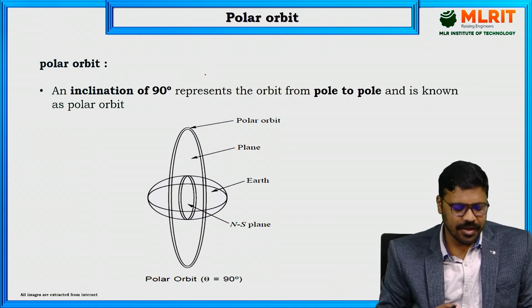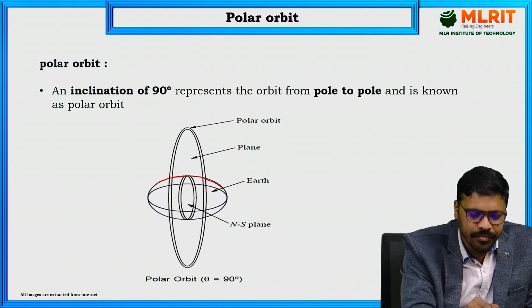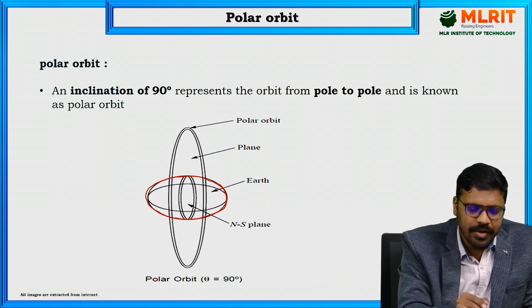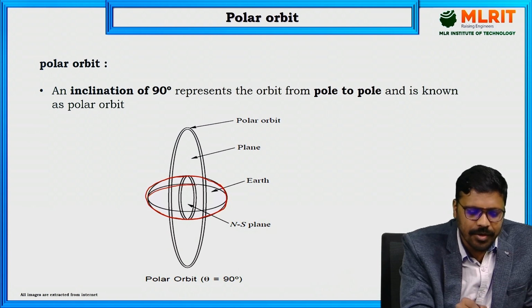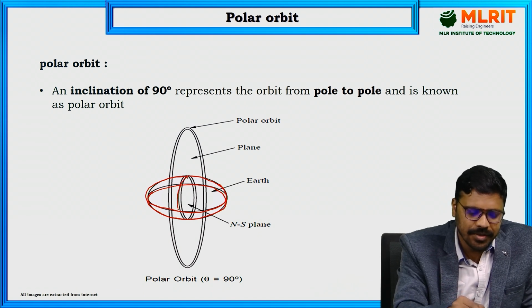If you observe here, this is the Earth, and this is the equatorial plane. And this is the plane which is passing through the north and south poles. So this is the north pole and this is the south pole.